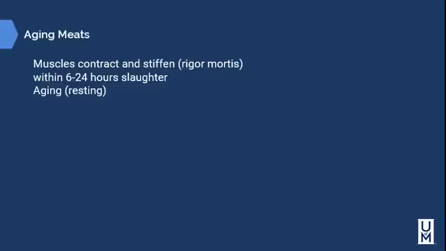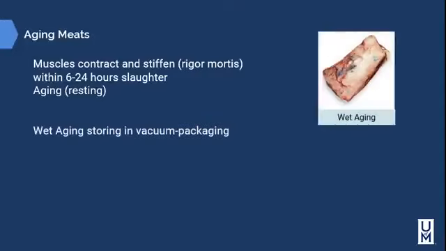This allows us to age the meat or rest the meat. There are two different ways of resting or aging meat. The first way is called wet aging, which means that it's stored in vacuum packaging. This is the most common way that meat is aged in the United States. It is the kind of meat that you'll find in the grocery store in many cases.